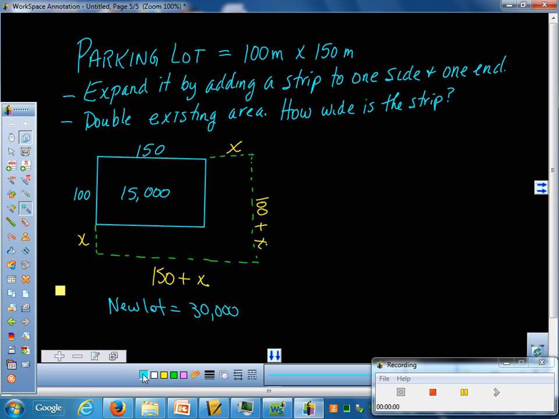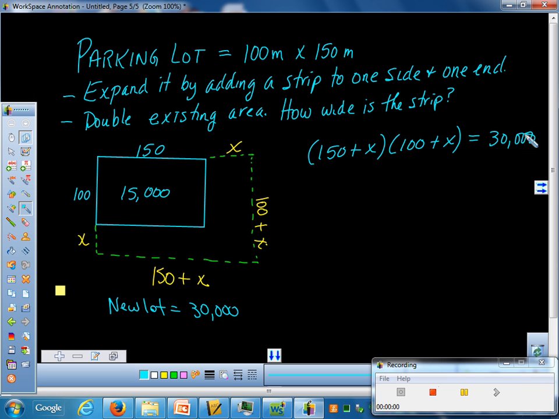Yeah, because isn't area length times width? So you would take the length times the width of the new parking lot, and what should it equal? Should it equal 15? Should equal double, should equal 30. And there is the hard part. You had to find the equation. Okay, then you got to simplify the thing.